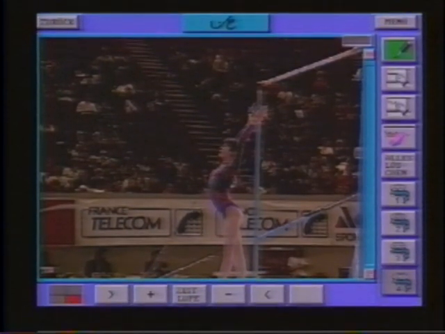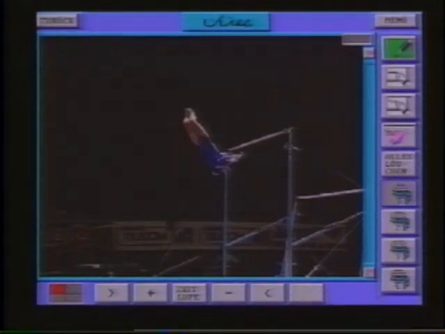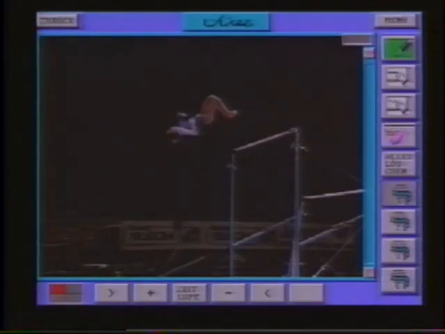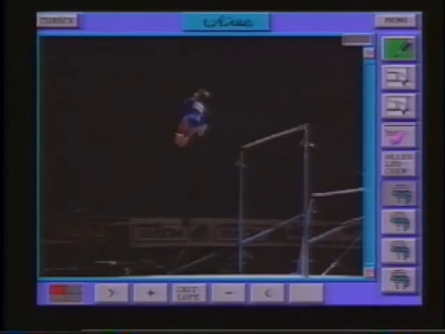Tsukahara dismounts. Tsukahara tucked, D, no deduction. Height and distance okay. Long axis turn completed on time. Second salto completed on time. Upright landing.